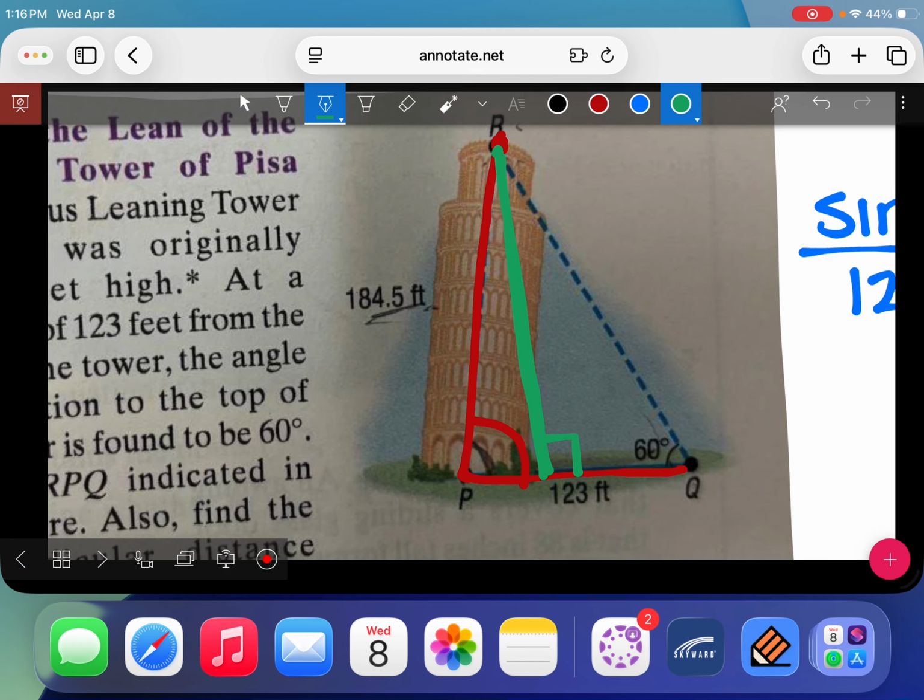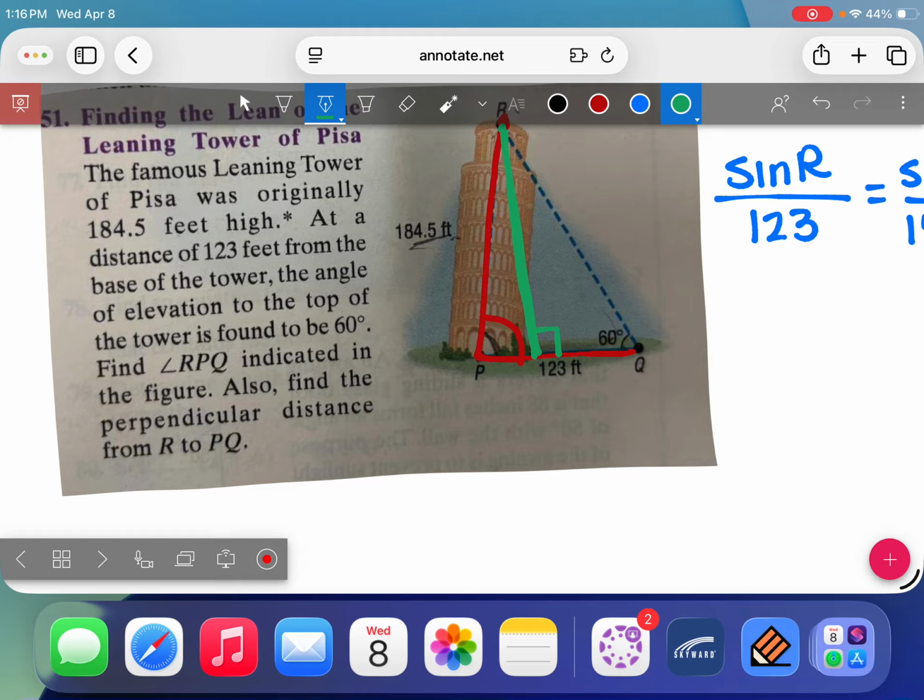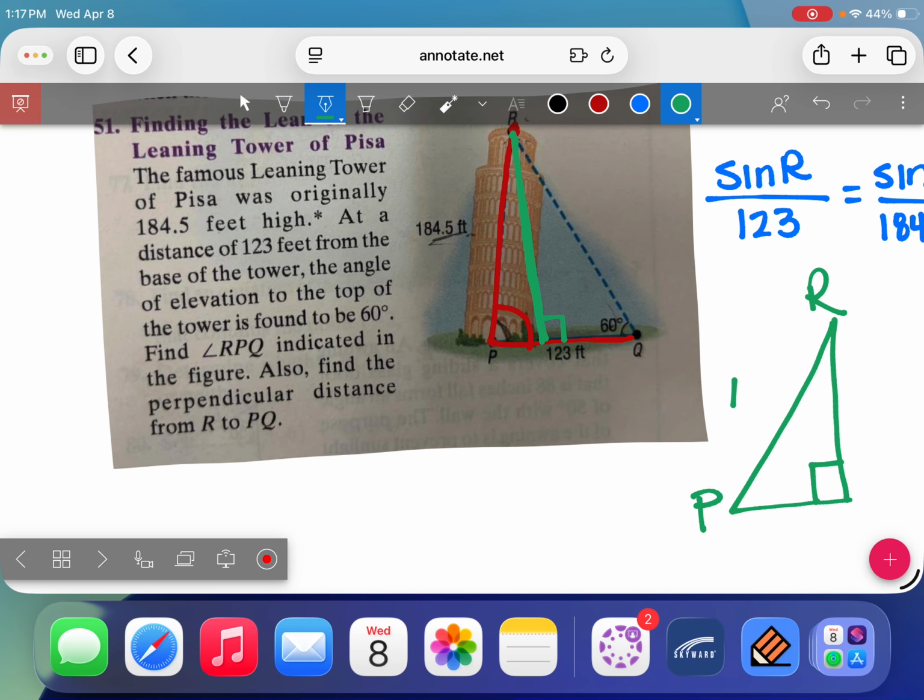All right, so let me go ahead and redraw that triangle. So what I have for part B is I have this. This is what I have. Okay, and I know that this side is 184.5.